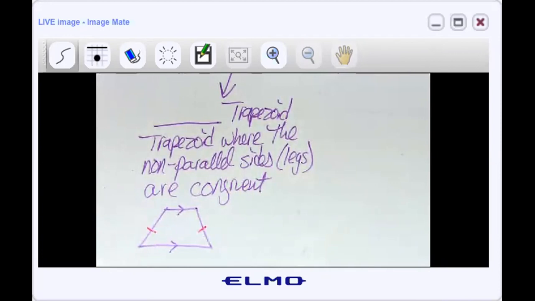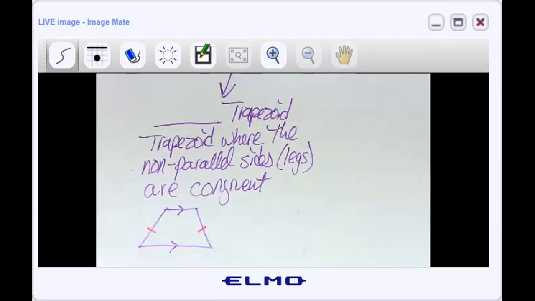Oh, Olivia, you have the right word. It's the same as if we were talking about a triangle. If you had a triangle and you saw this, you'd call it a blank triangle. It's the same thing here. What do you call that triangle with two congruent sides?